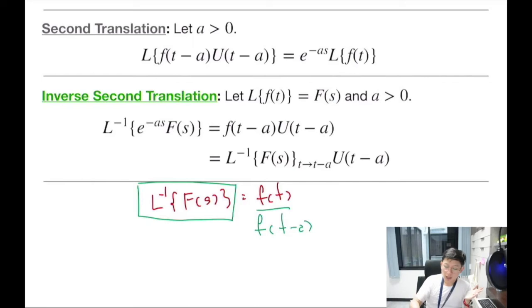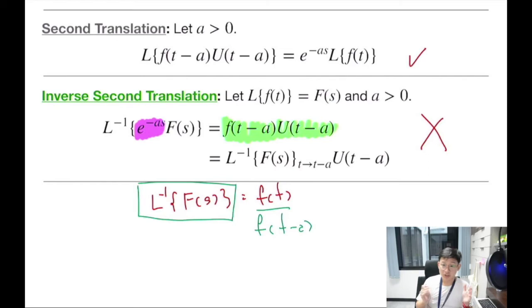So whenever you want to find the inverse Laplace transform of e to the minus as times big F(s), that would be this guy, from the table. You won't have this formula in the exam, but you do have this one.